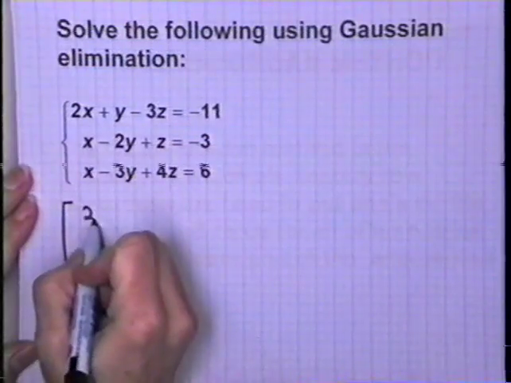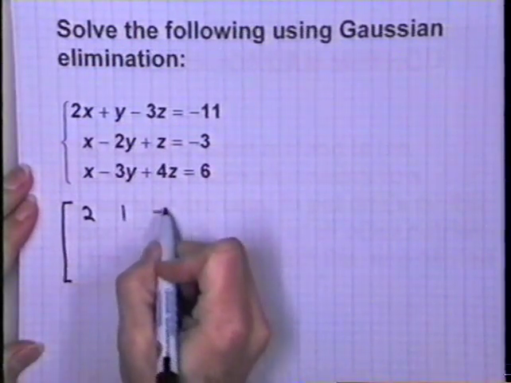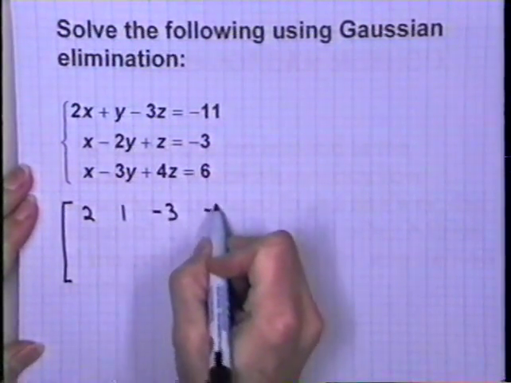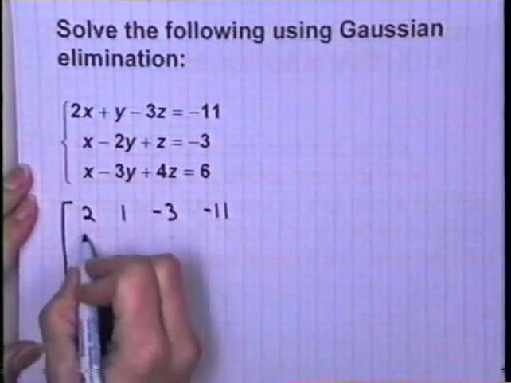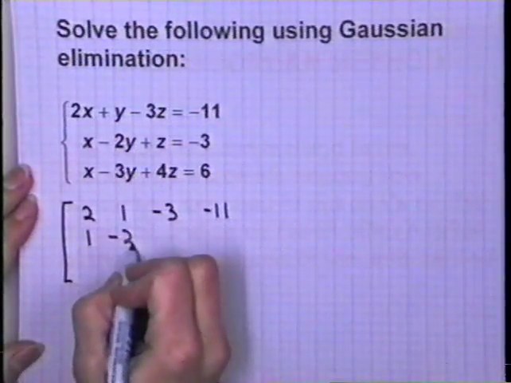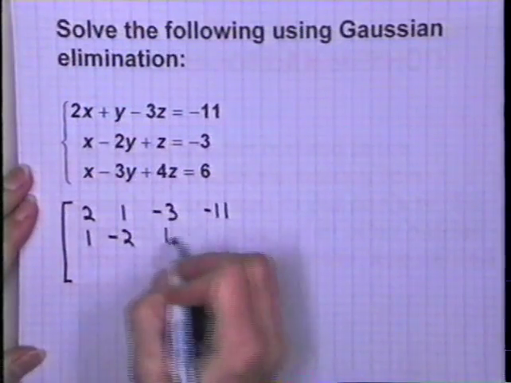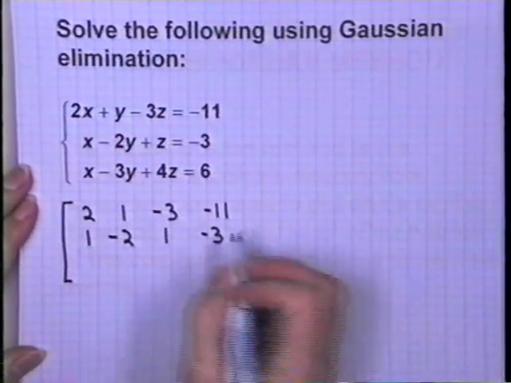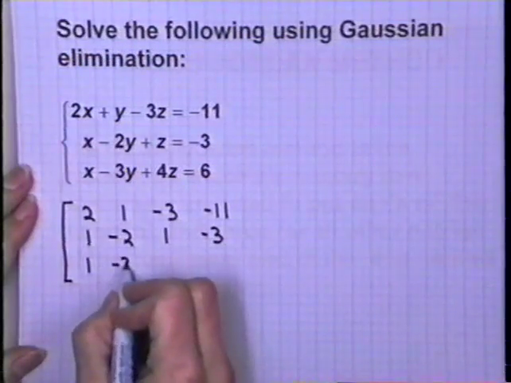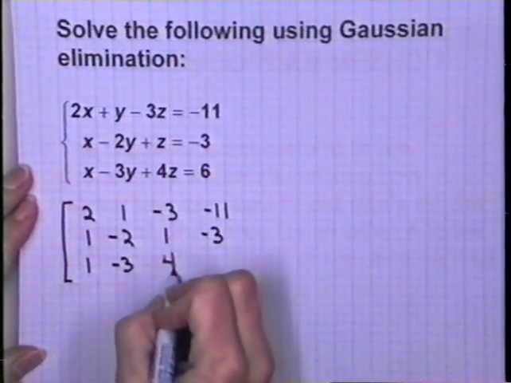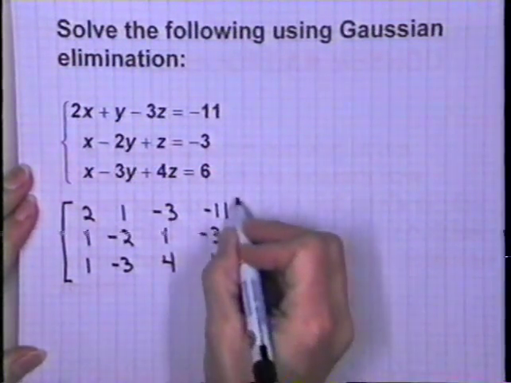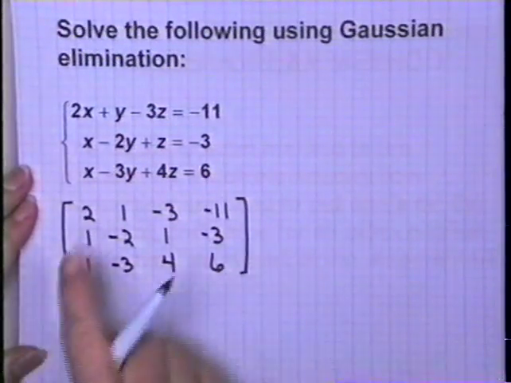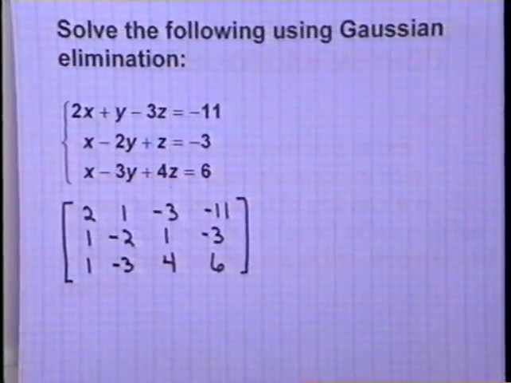So I have 2x plus 1y minus 3z equals negative 11, 1x minus 2y plus 1z equals negative 3, 1x minus 3y plus 4z equals 6. Be very careful that you're sure you write down those coefficients exactly correct, because again, if you make a mistake right there, everything from there down would be wrong.